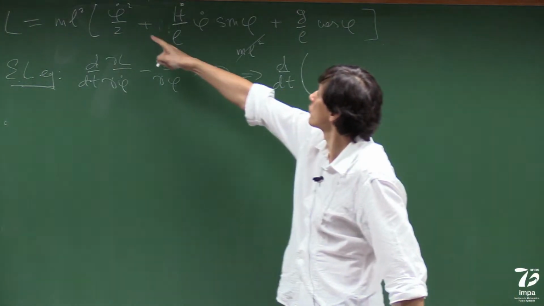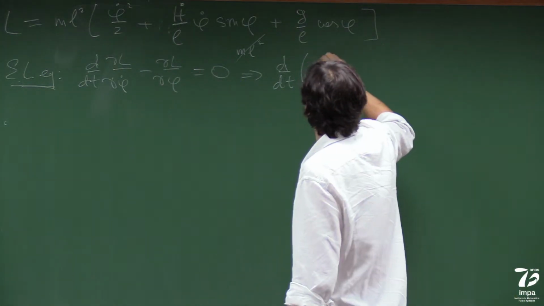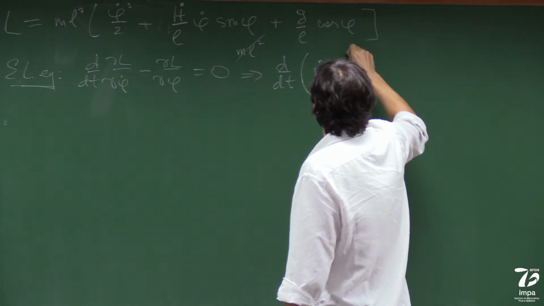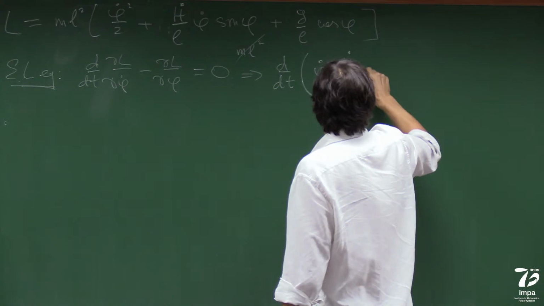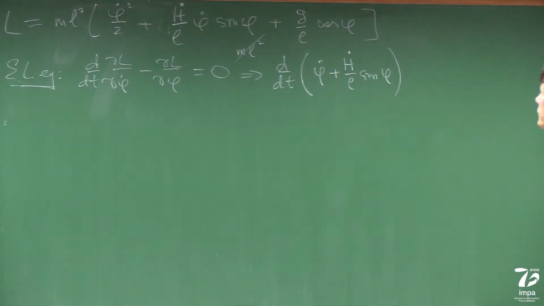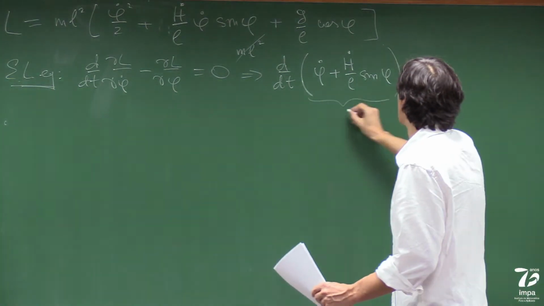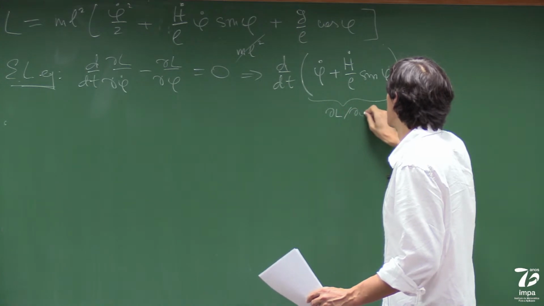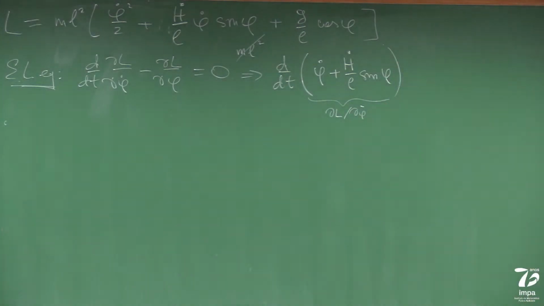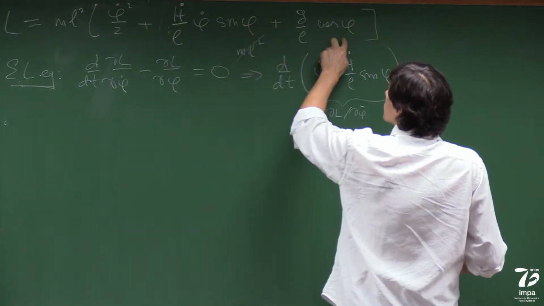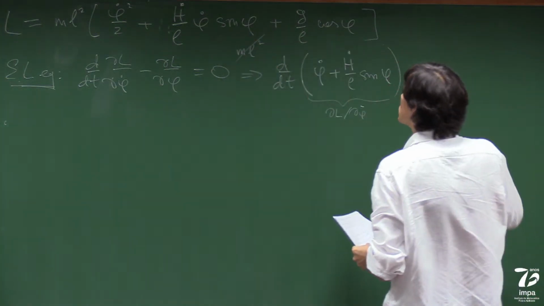From here it will be phi dot, and from this term it will be plus h dot over L sine phi. So this is the derivative with respect to psi dot. And then psi comes also in two terms, so we have to differentiate them both.